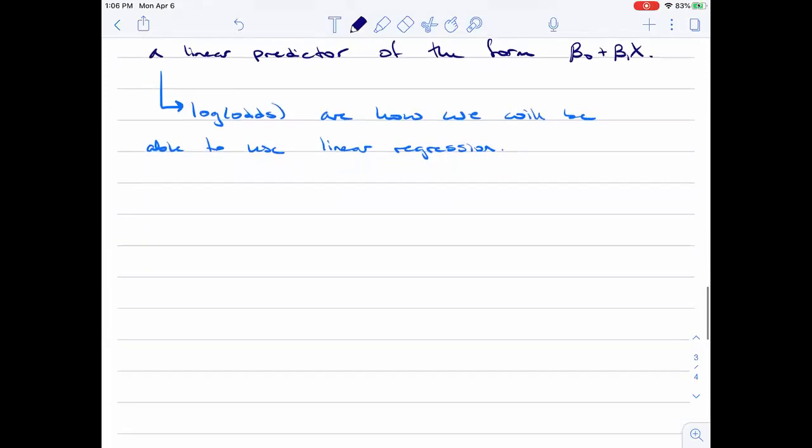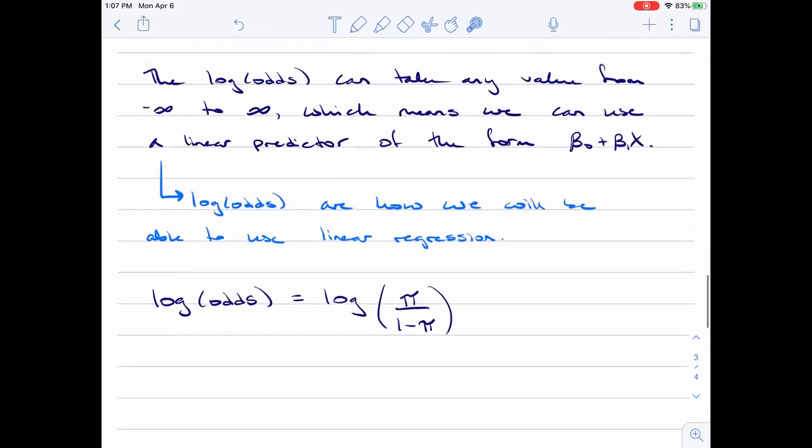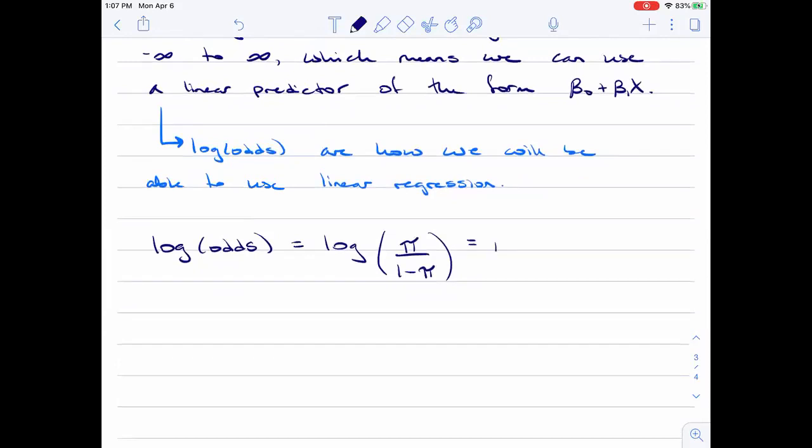You've got your log odds, which is the log of pi over 1 minus pi. That's your log odds. Now we're saying, okay, the log odds, I can model with beta naught plus beta 1x. So what I'm saying is that this can equal beta naught plus beta 1x.